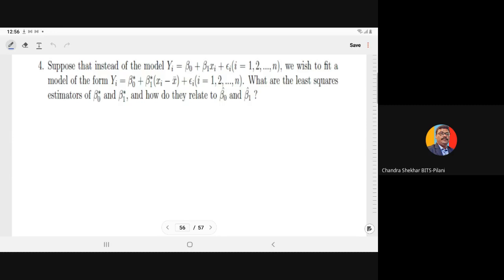What are the least square estimators of beta naught star and beta 1 star, and how are they related to beta naught cap and beta 1 cap?